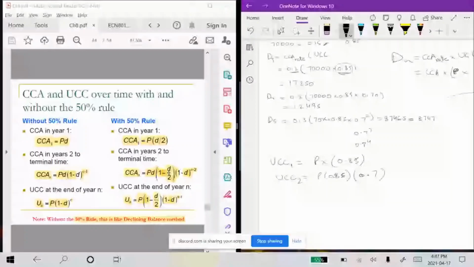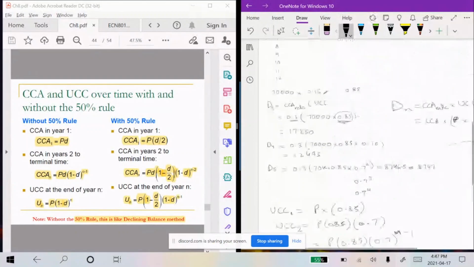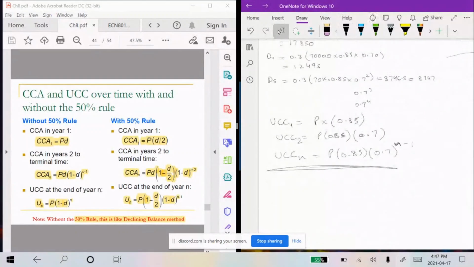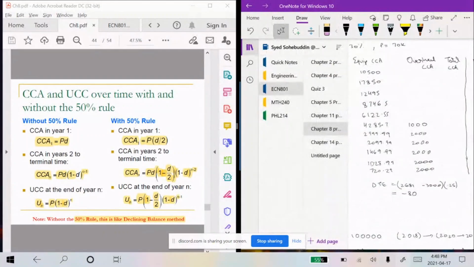Then each period going forward, you just do into 0.85 into 0.7 raised to the power n minus 1. We do n minus 1 because in the first period we were not doing 0.7, we were doing 0.85. In each period going forward, we use 0.7. So if it was UCC2, it would be 0.7 raised to the power 2 minus 1. So this is the formula if you would like to find it for each one. But what I did was I just calculated the first one and then kept multiplying by 0.7.